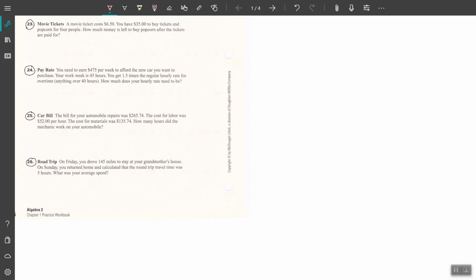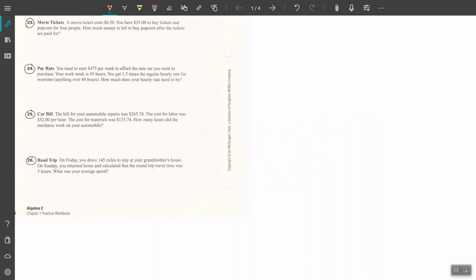Okay, and the last one on this page is another average problem. They are making it a little more challenging because they're not actually explicitly telling you your total miles. They're saying that on Friday you drove 145 miles to stay at your grandmother's house, and then on Sunday you returned home, and you calculated that the round trip, meaning there and back, travel time was 5 hours.